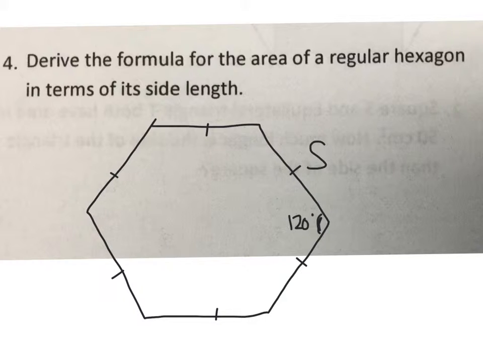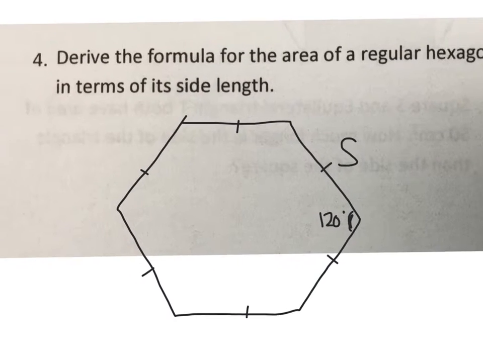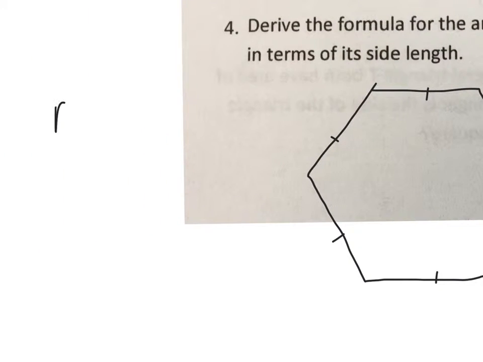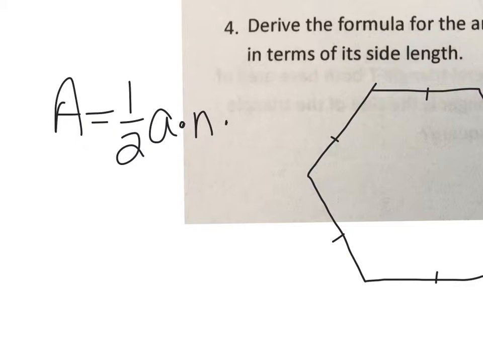So we want to write the area formula with just the side length. One way, let's start over here. The area formula for any regular polygon is 1/2 of the apothem times the perimeter. That formula can be found just about anywhere in a geometry textbook, many online forums and what have you. A stands for apothem.